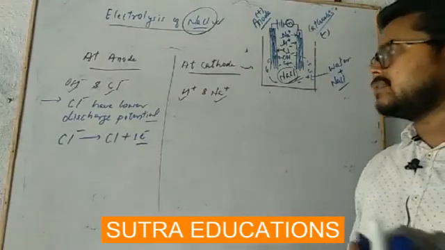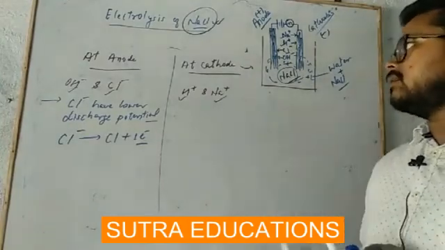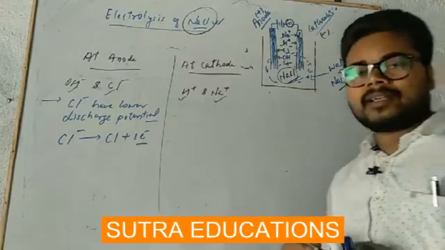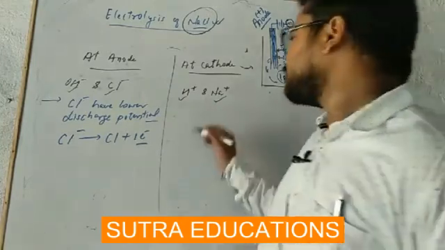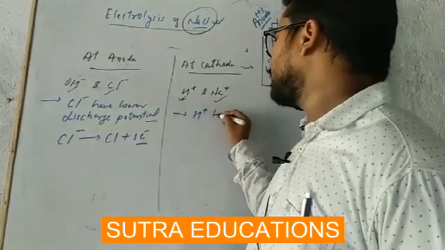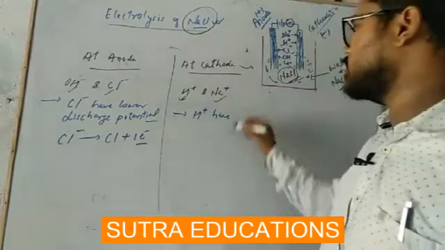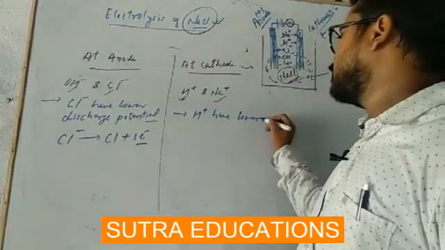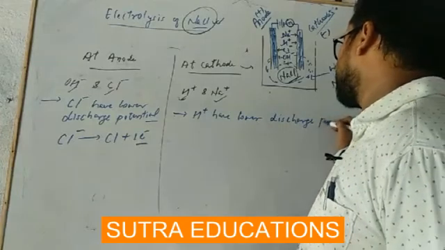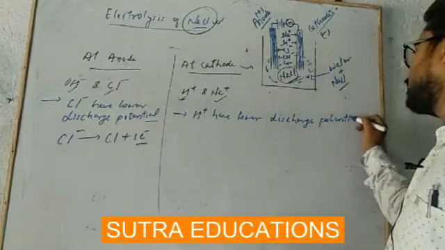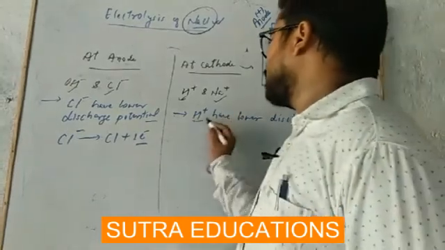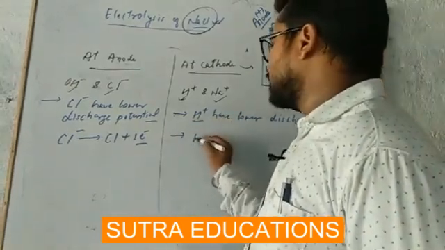Same thing is happening here, at the cathode H plus and Na plus are both in the race to discharge, but this H plus has a lower discharge potential. So this H plus ion will discharge first.